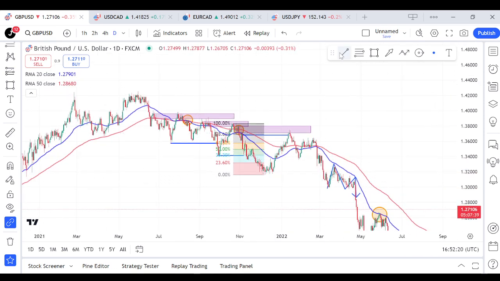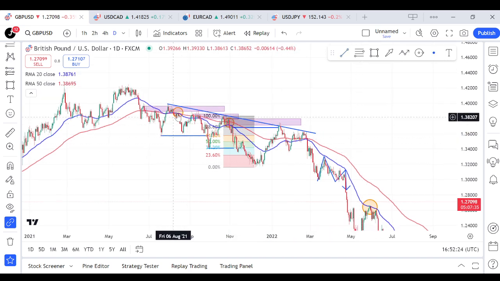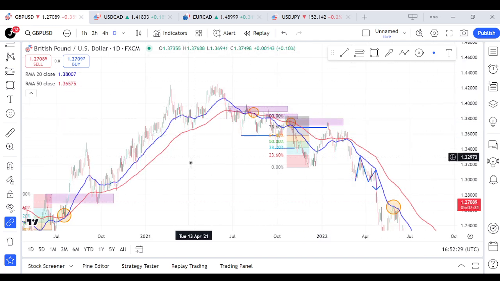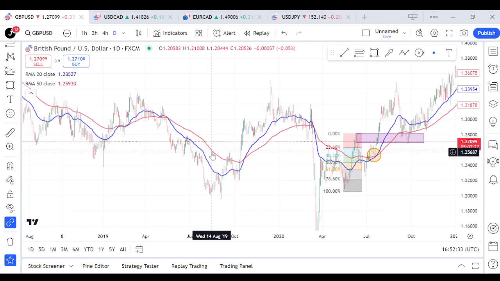Also, you can use it with trend lines. Let's see, we have this trend line here. So all of these are ways to combine price action with your rolling moving average indicator for better trade opportunities. So this strategy helps to filter out false signals.